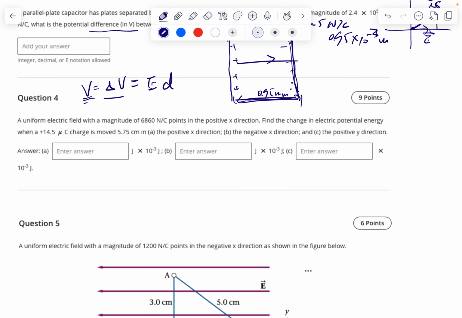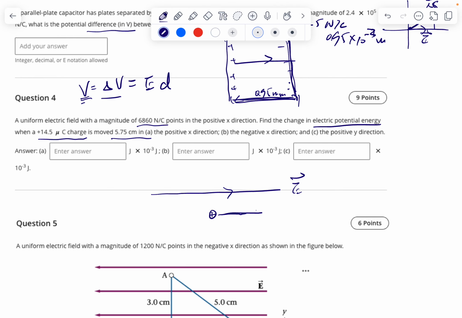Number 4: a uniform electric field with this magnitude points in the positive x direction. Find the change in electric potential energy when this charge is moved this much in the positive x direction.